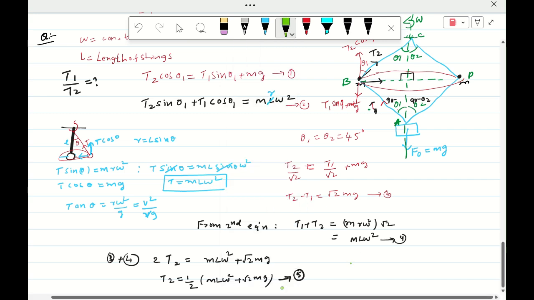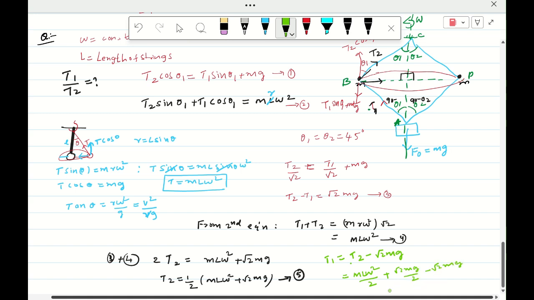Now substitute this T2 value in T1. T1 is equal to T2 minus root 2 mg, that is m L omega square by 2 plus root 2 mg by 2 minus root 2 mg.